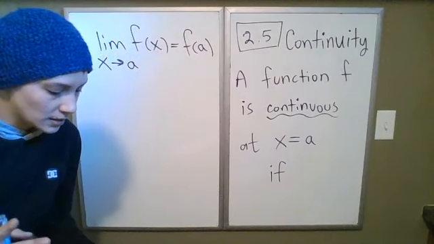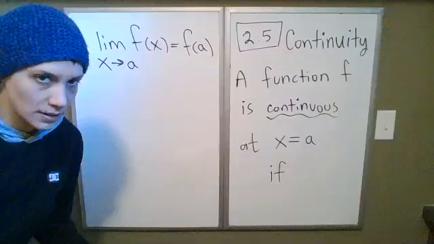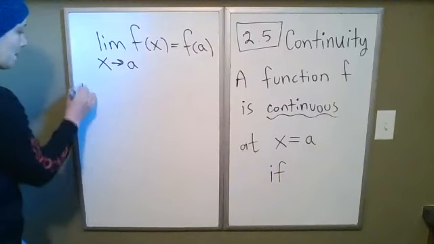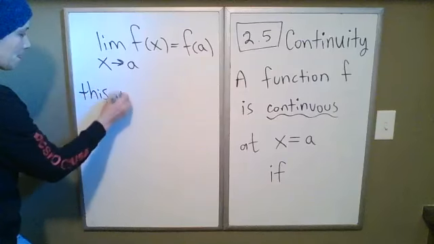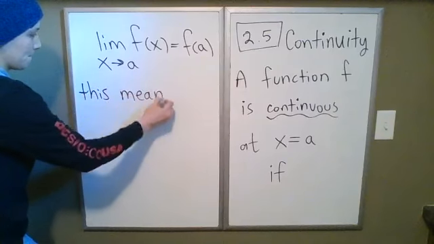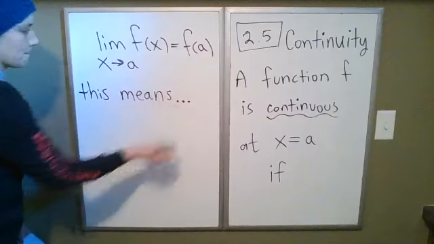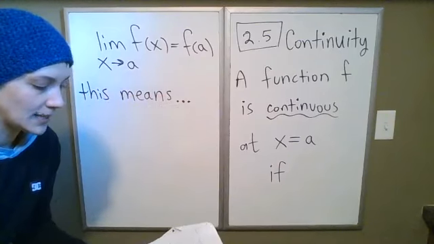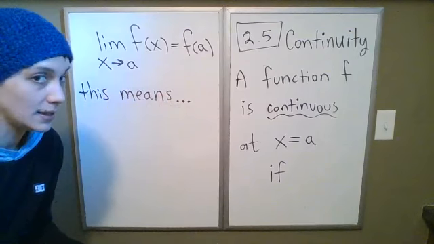And it means three things, so I'm going to break it down. First, the limit as x goes to a of f of x does exist.